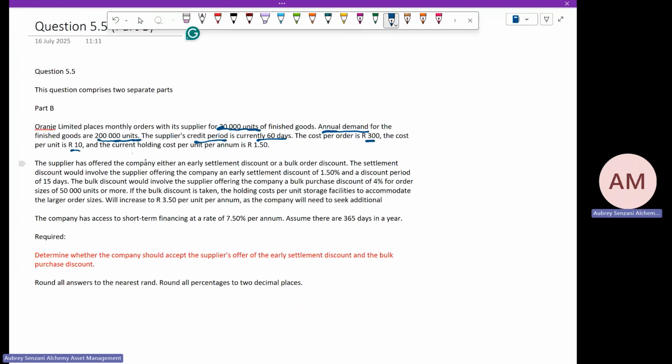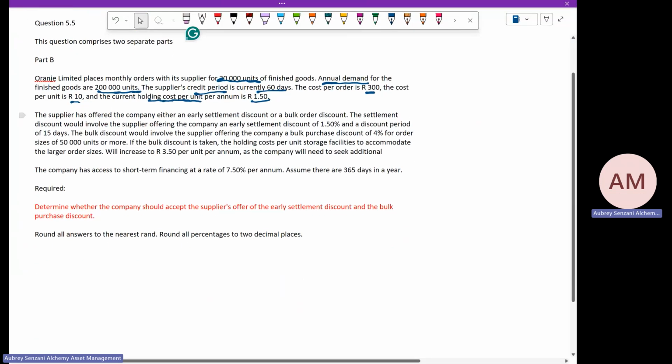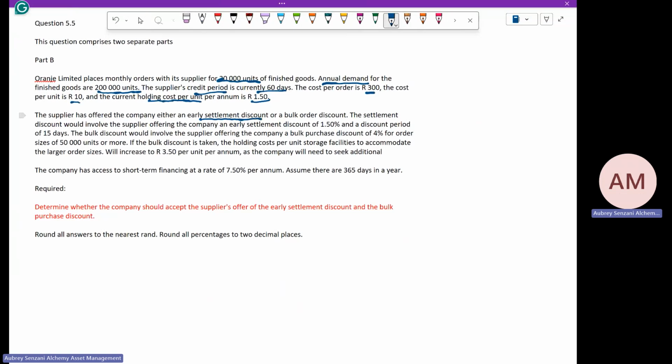The current holding cost per unit per annum is 1 rand 50. The supplier has offered the company either an early settlement discount or a bulk order discount.